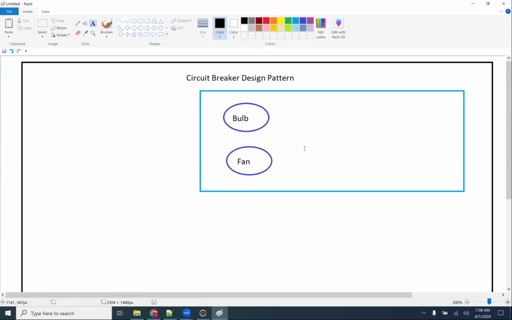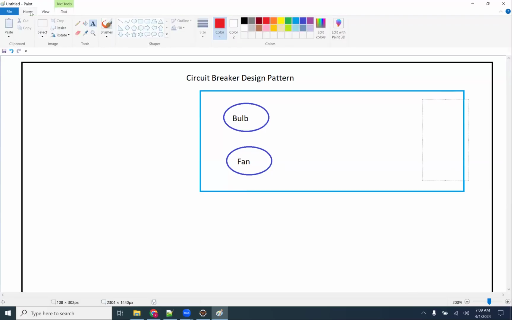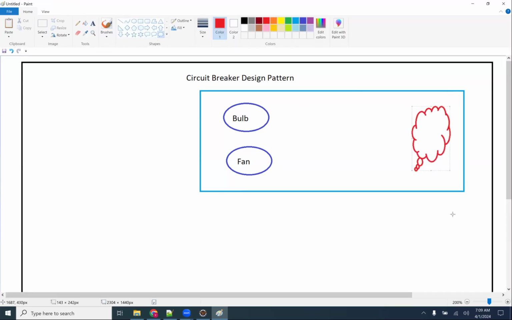Ideally, how will the electricity pass? By default, outside there is an electric junction, right? I call that an electric pole, isn't it? Correct, right, sir? Outside, what do we have? We have an electric pole.